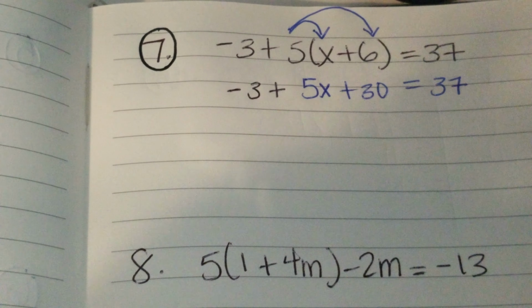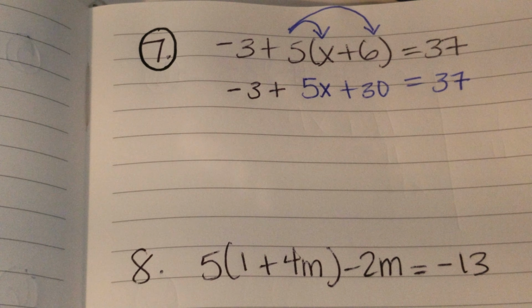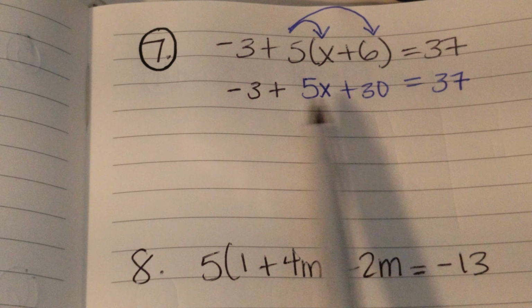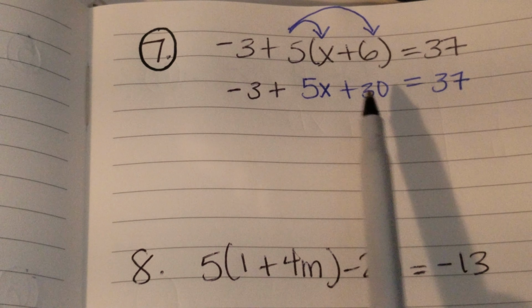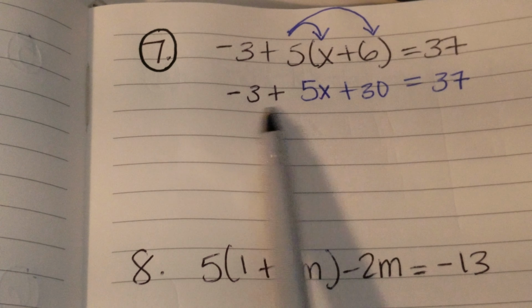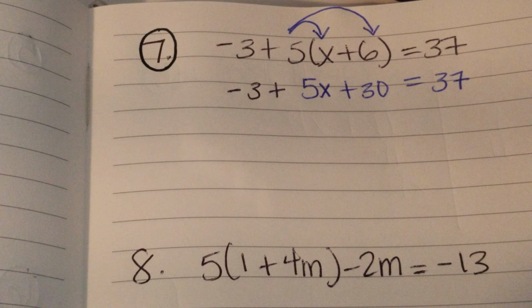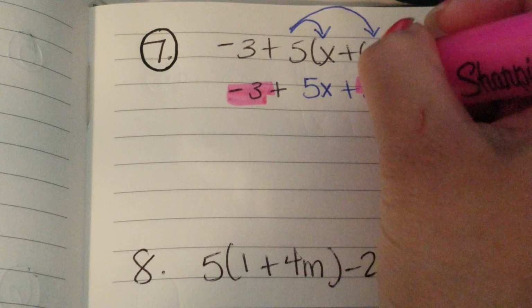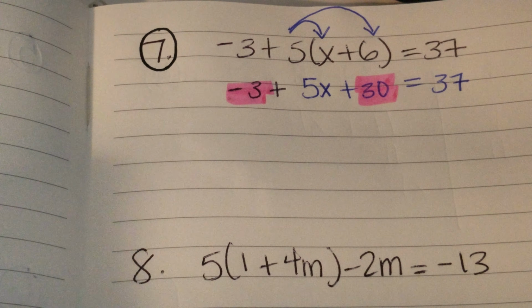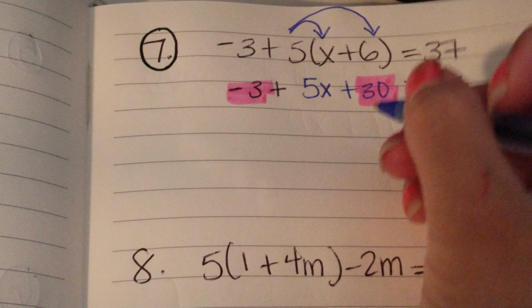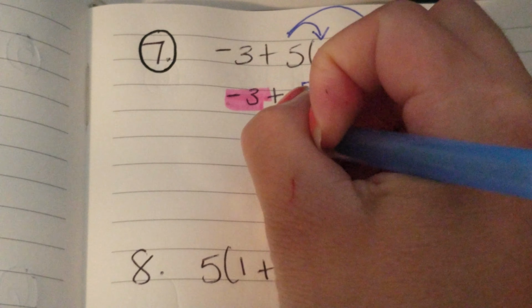Minus 3. Okay. And now, once you distribute, I can combine like terms. The only numbers I can combine, you check on both sides, these numbers, negative 3 and 30. I will combine those two. Negative 3 and 30. What is that? That will give you 27, right?